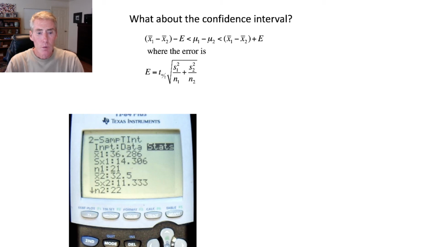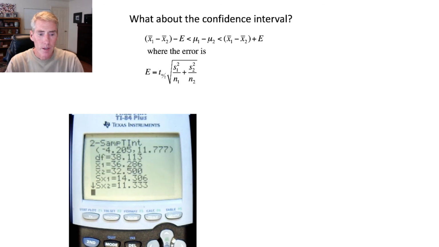Type in the data, or it's already there from the last time I used the calculator. So this is still the two baseball players. And then it says that the interval goes from a negative 4.2 to a positive 11.7. And when there's a negative on one side and a positive on the other side, that's the exact same thing as getting failed to reject. We cannot prove anything here.